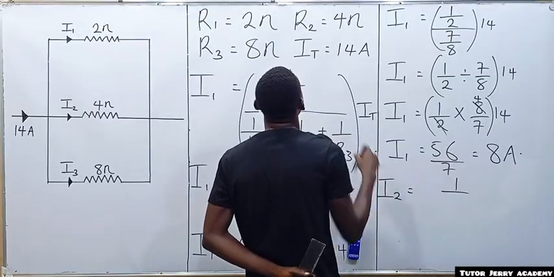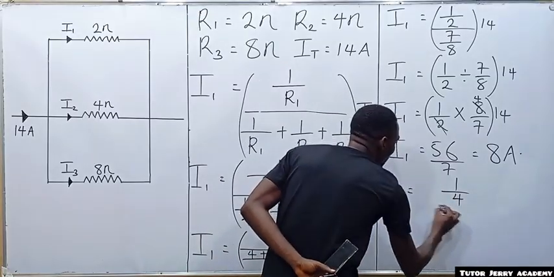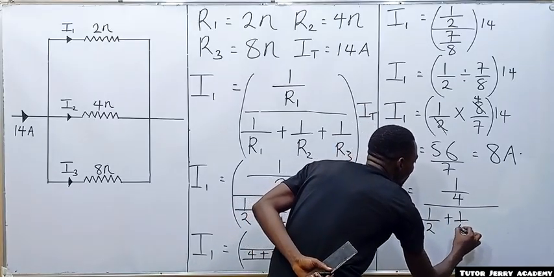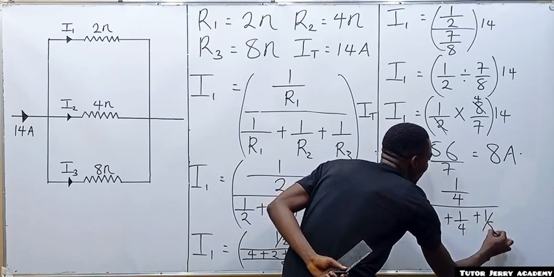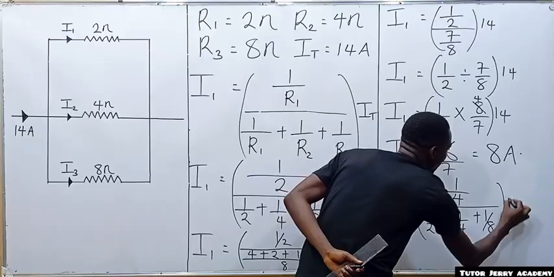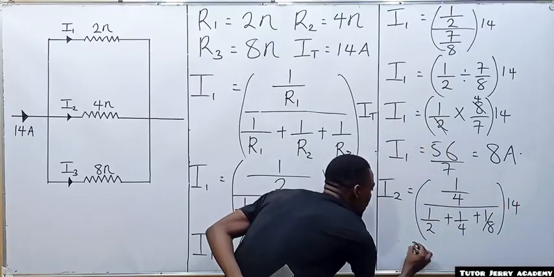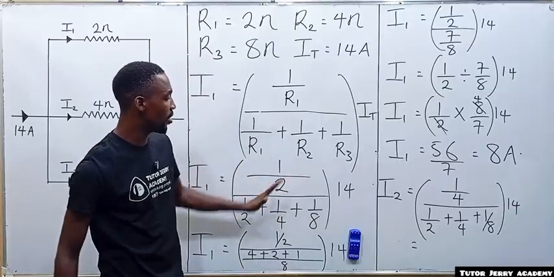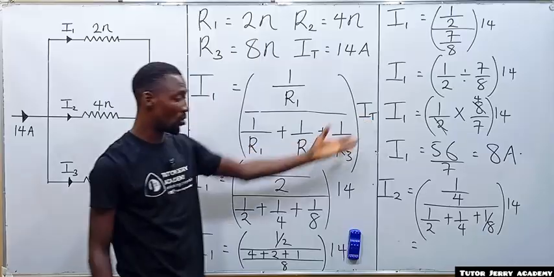What is R2? R2 is 4, all over 1 all over 2 plus 1 all over 4 plus 1 all over 8, multiplied by 14. So if you press this directly in your calculator, or if you want to solve this, just follow the same process that I used to solve I1.